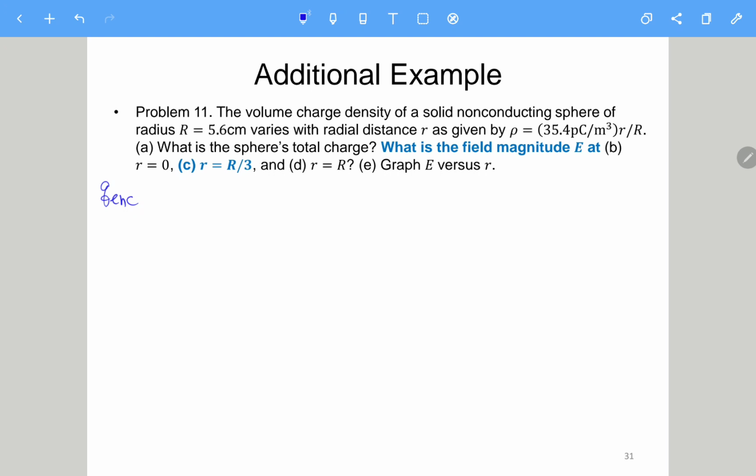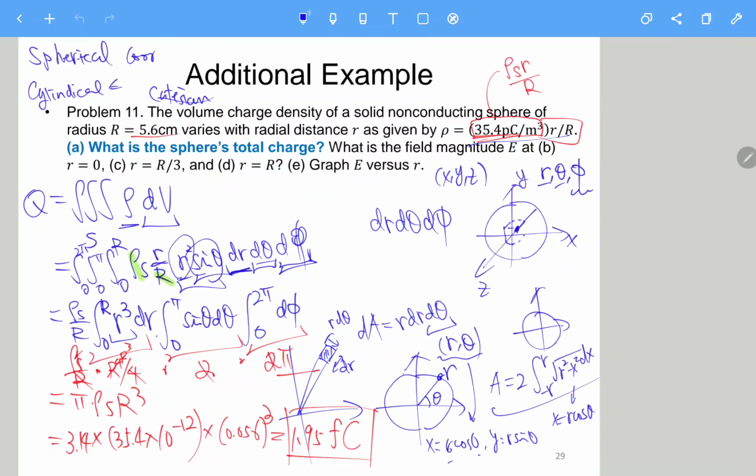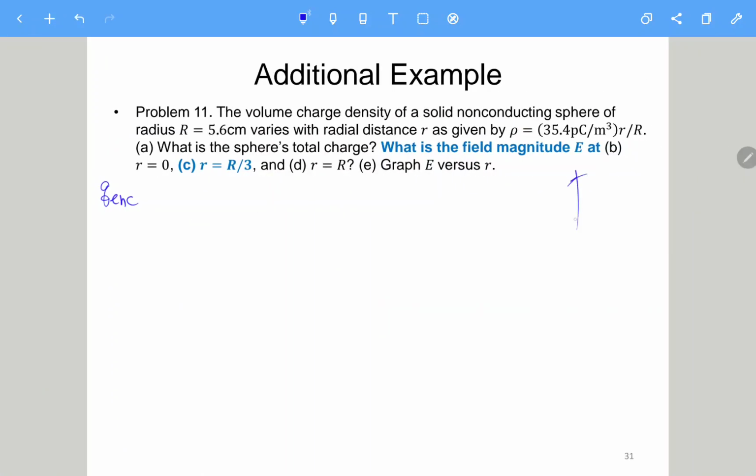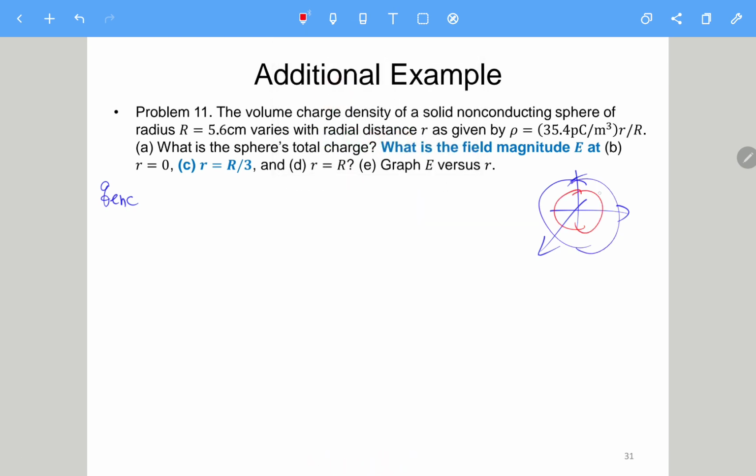I will not go from scratch, because here we need to assume that this is the original sphere, the bigger one, and then the Gaussian surface is inside, because here r is only 1/3 of the radius.